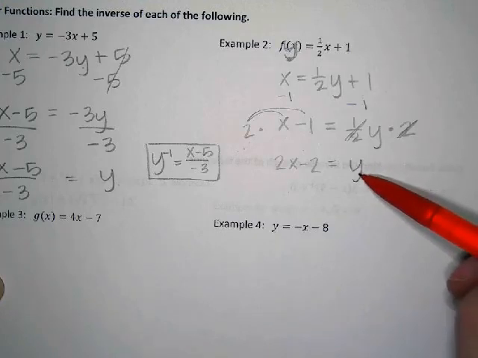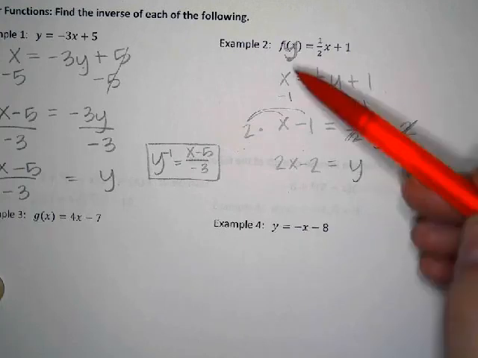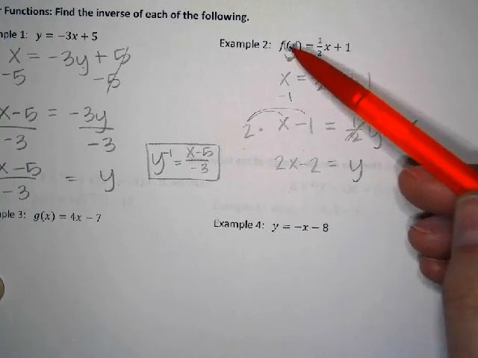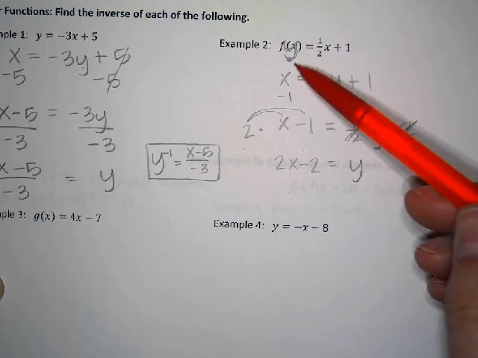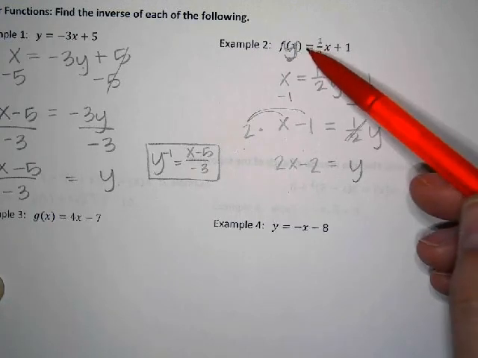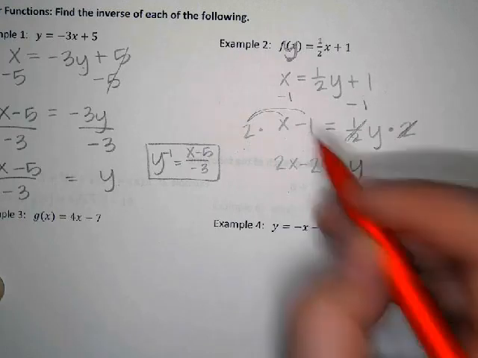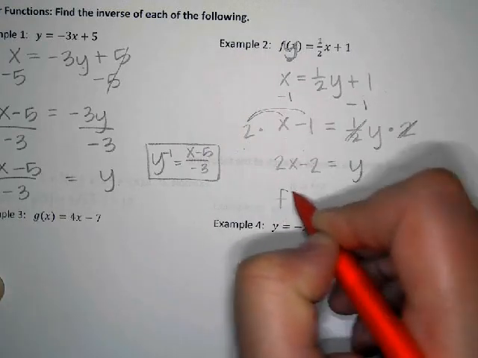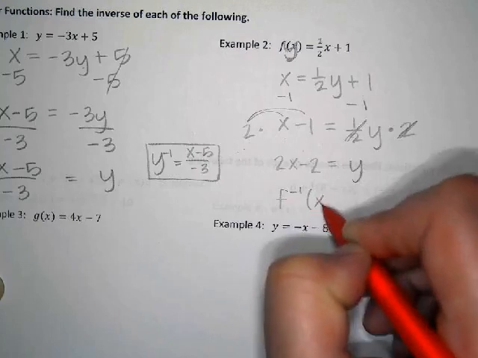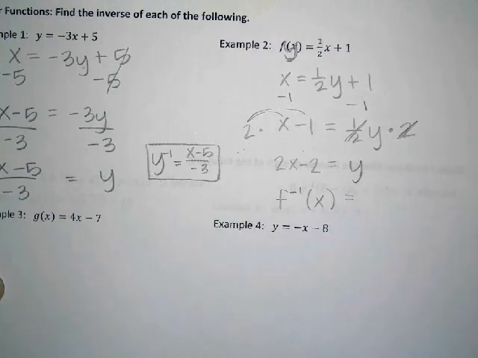Now, the original function wasn't called y. The original function was called f of x. So for my inverse function, I'm going to say the name is f inverse of x. And the inverse function equals 2x minus 2.